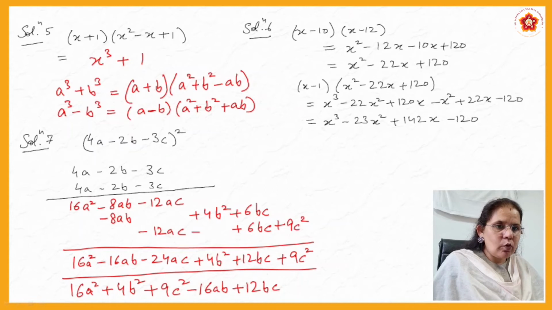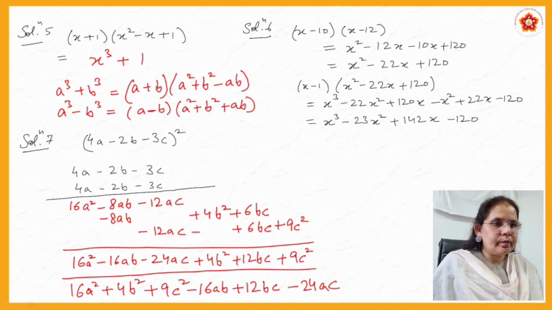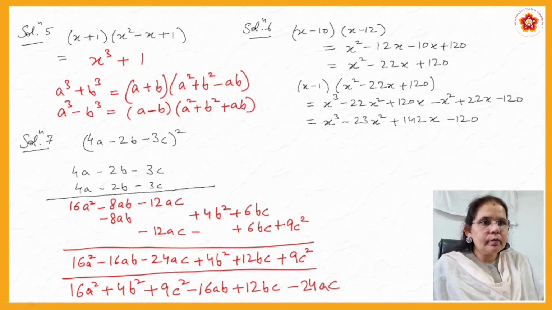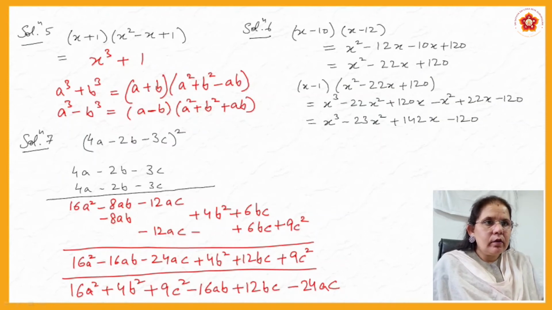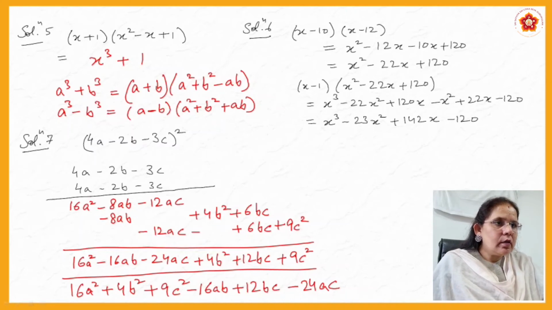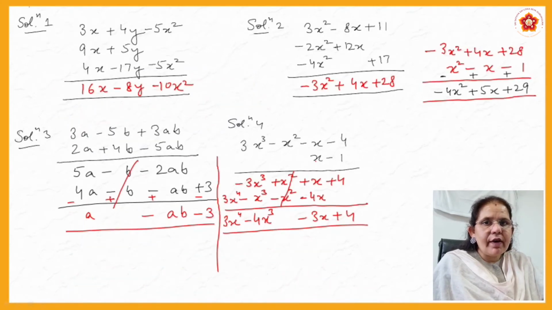And then we write down AC term, which is minus 24AC. So I hope you have done these questions yourself and were able to verify the answers.